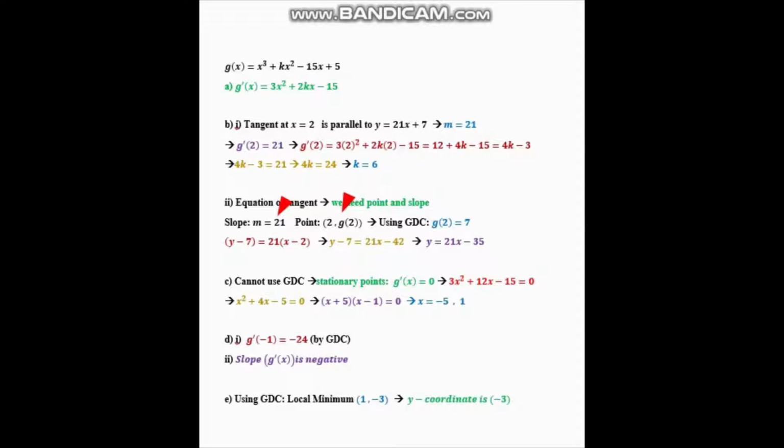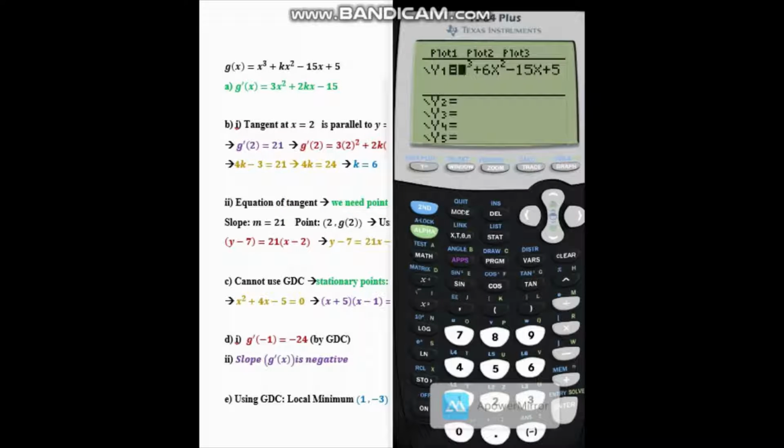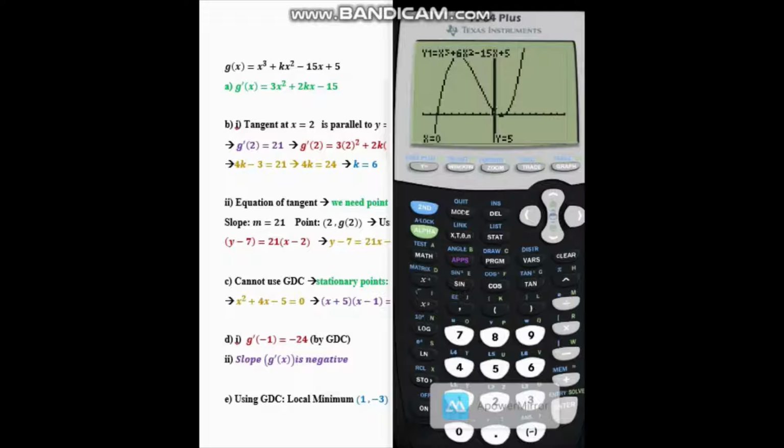Using the GDC, I can tell that g of 2 equals 7. Let's see how to do that. So there is my equation, and note that I have included the 6 instead of the k. There is my window for your reference, and there is what the graph should look like.